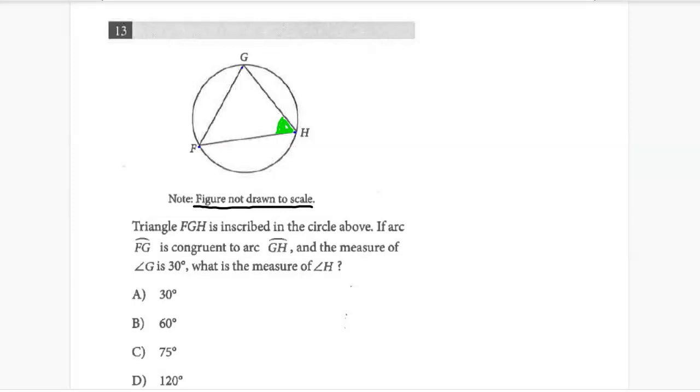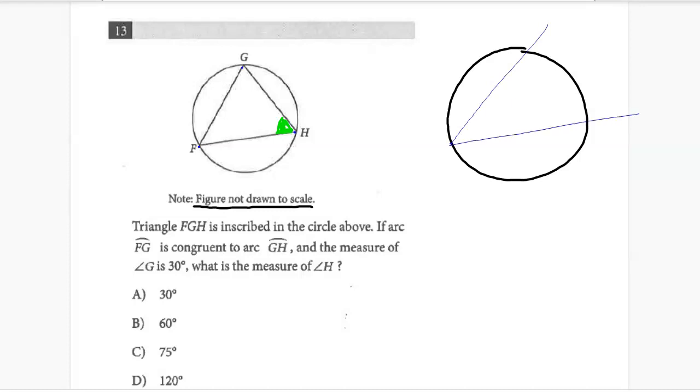Well, let me give you a general idea. If you have a circle and an angle that is inscribed on the circle, let's draw an angle from right here to there. There's a theorem that basically says that if this inscribed angle is, say, 40 degrees, when you travel out and look at the arc that was intercepted between the angle, this should be exactly double.